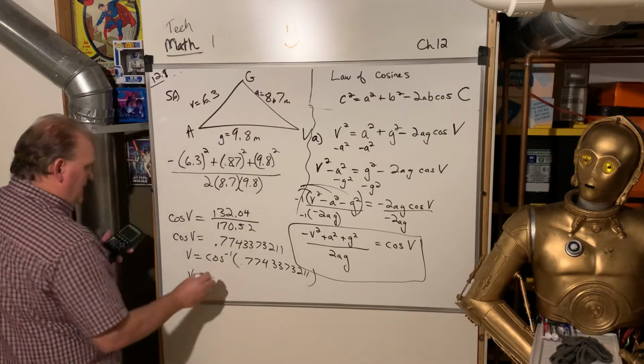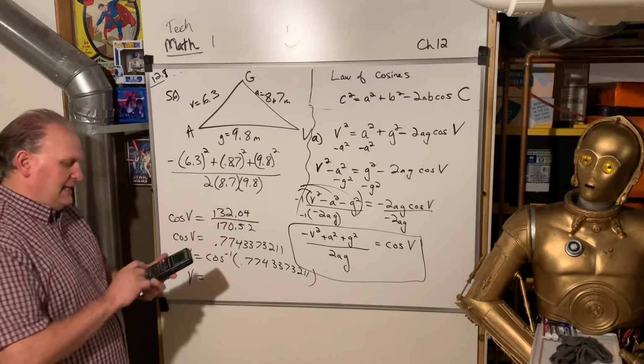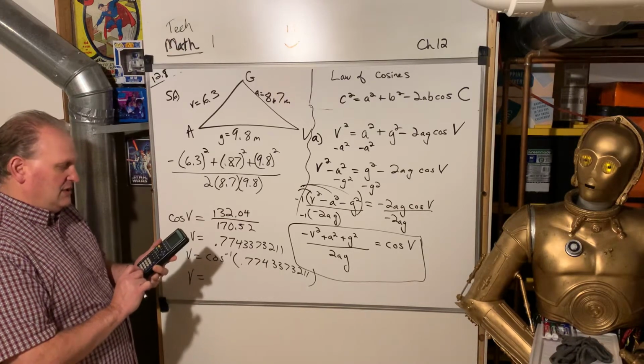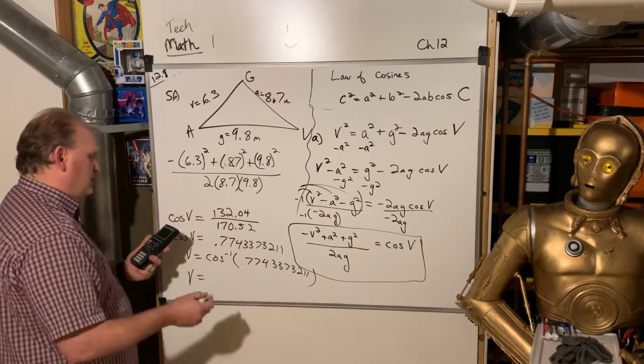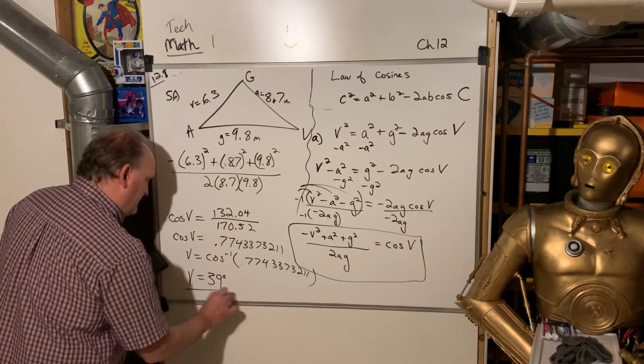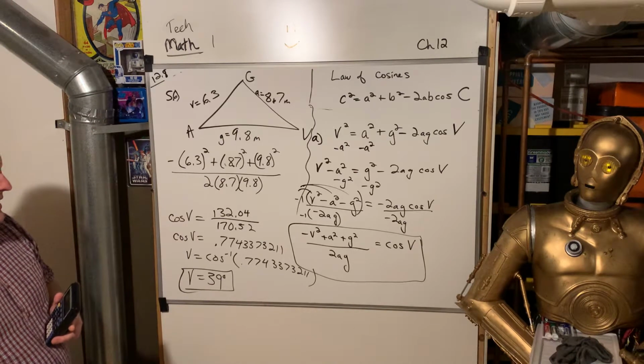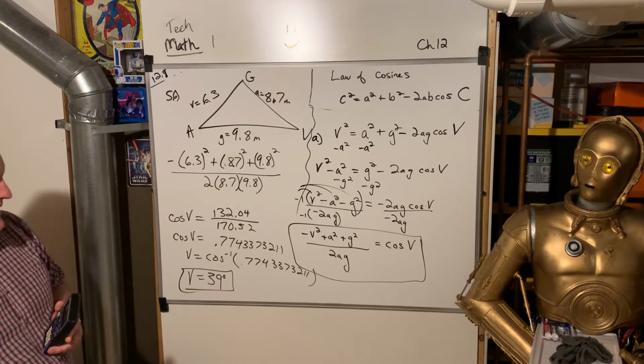And so you pop that in your calculator, do second cosine, and then second and the negative sign, which is answer, and that gives you 39.25, so we'll round it to the nearest degree. 39 degrees.